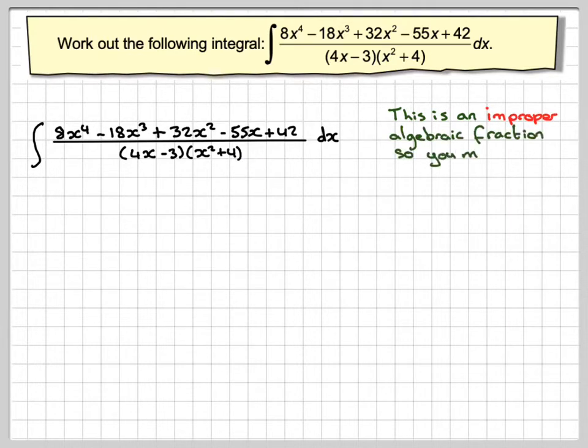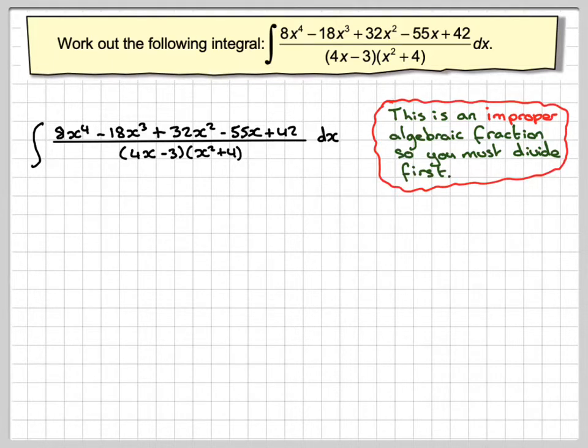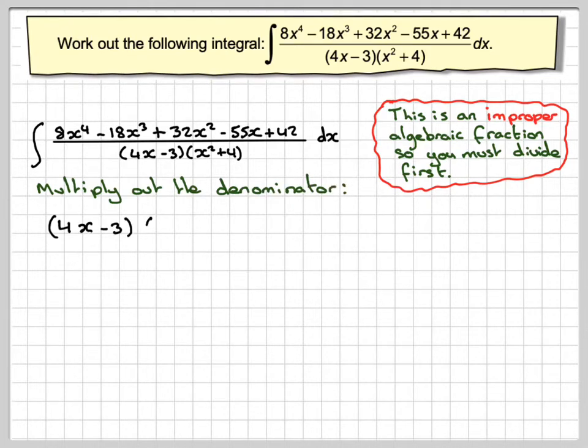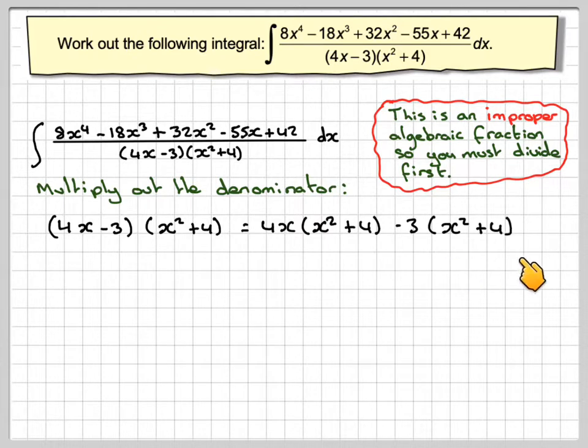Now this might look quite difficult, but if we break it down into steps, we'll be able to come up with the integral. So multiplying out the denominator first, because we want to do a division. We've got 4x minus 3 times x squared plus 4. So we're going to have 4x times x squared plus 4, minus 3 times x squared plus 4.